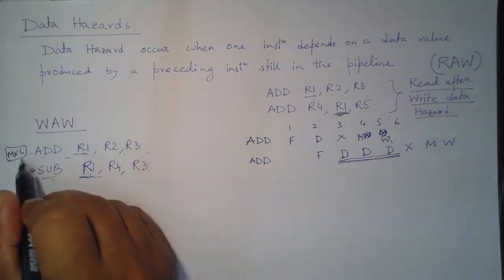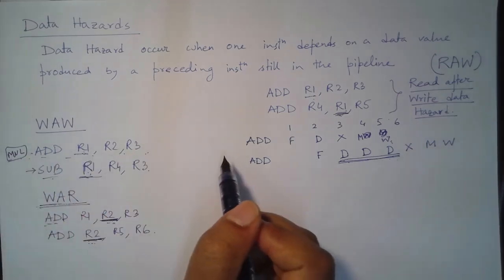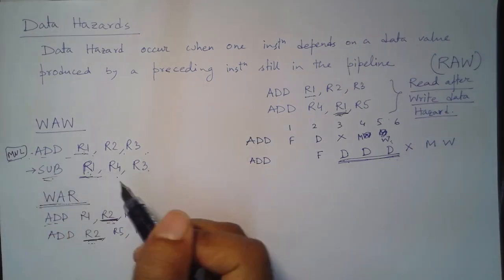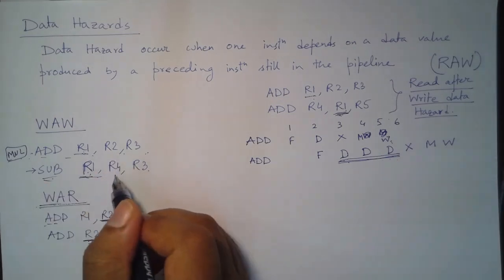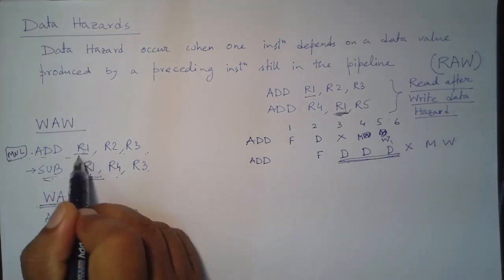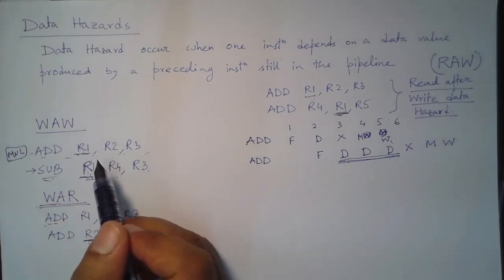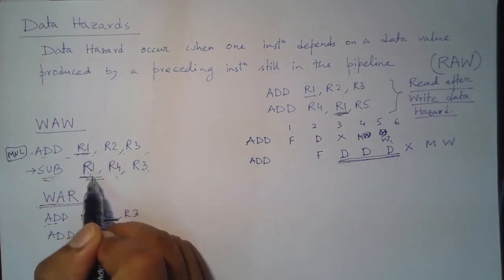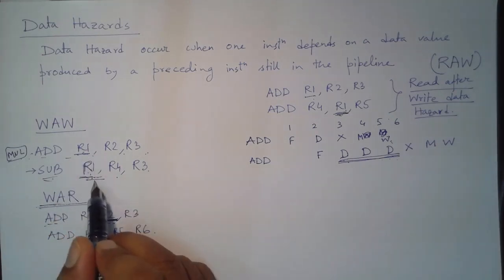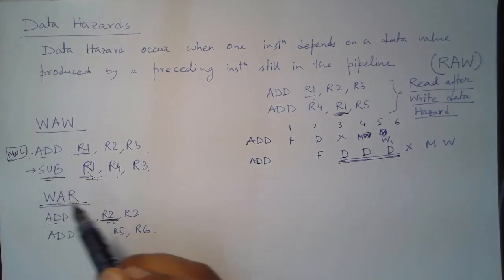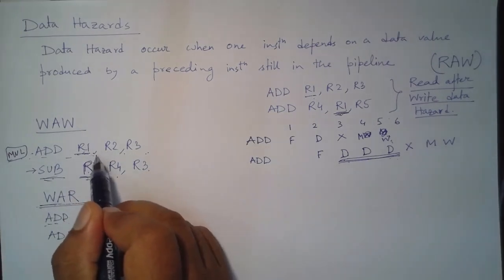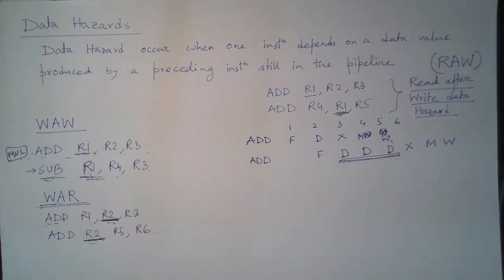So though this instruction has been issued earlier, the later instruction will get executed faster. Your R1 will get updated here first, and then later R1 will get updated again. But this is not the actual sequence which the programmer wanted. The programmer wanted R1 to be updated last by the subtract instruction, but because the multiply is taking more time, this might create a problem.